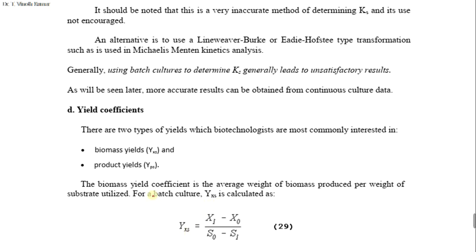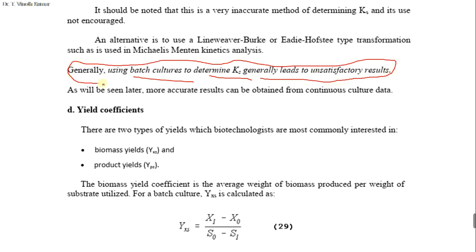And next is the properties of the Ks. Using batch culture to determine the Ks generally leads to unsatisfactory results, because batch is a controlled one, that is a limited one.